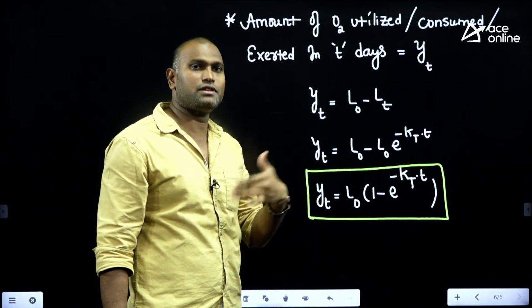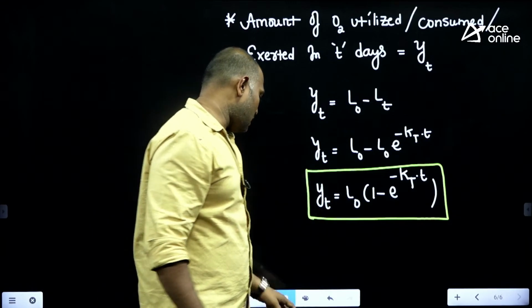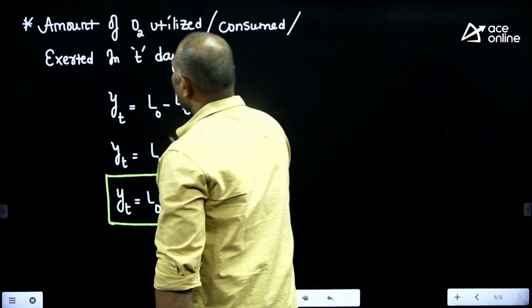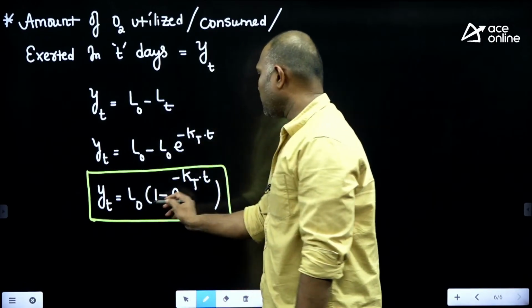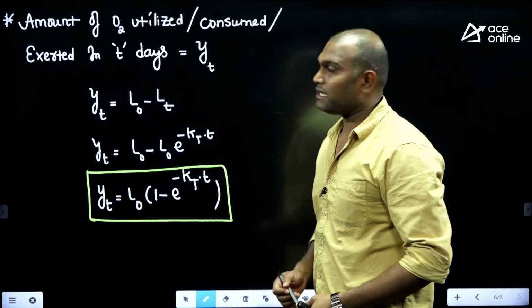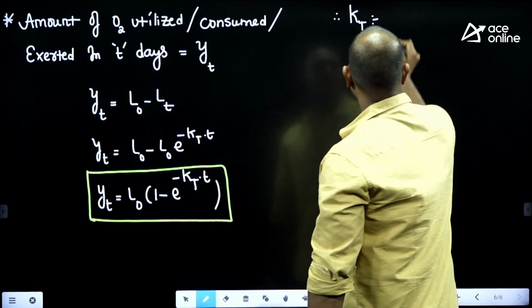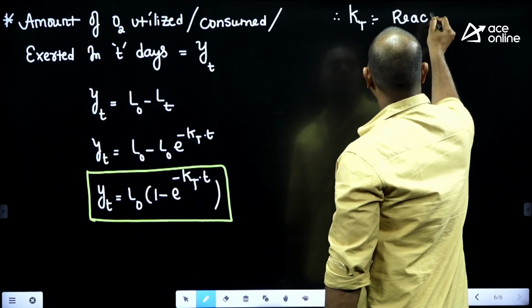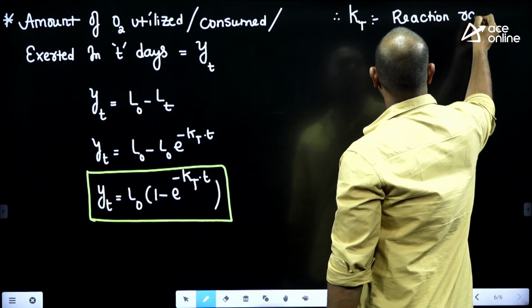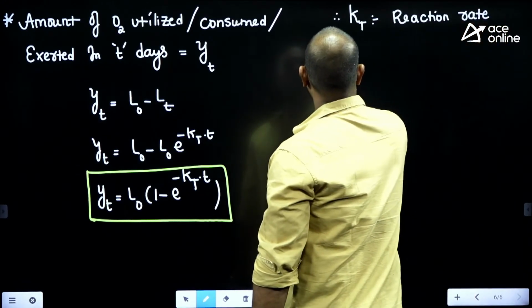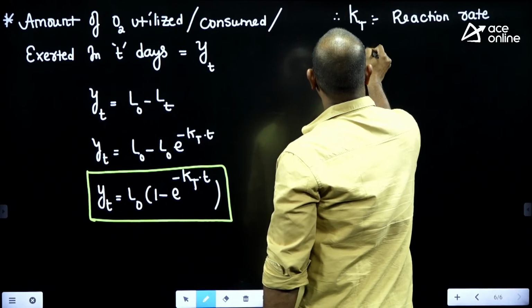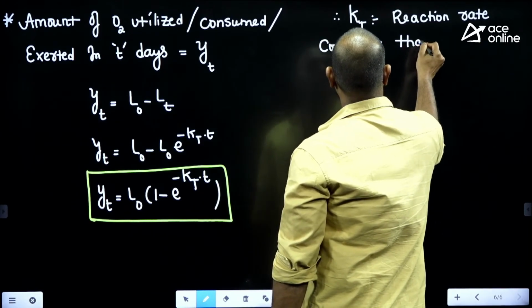For 3 days, how much? For 4 days, how much? That depends upon the ultimate BOD into 1 minus e to the power of minus KT, where K is the reaction rate constant that depends on temperature.